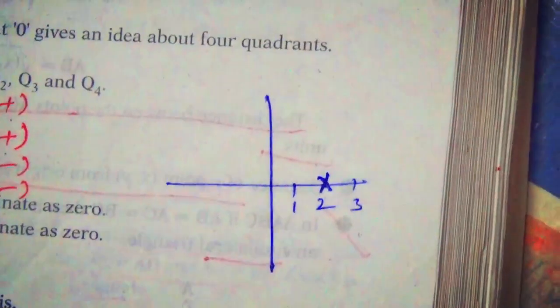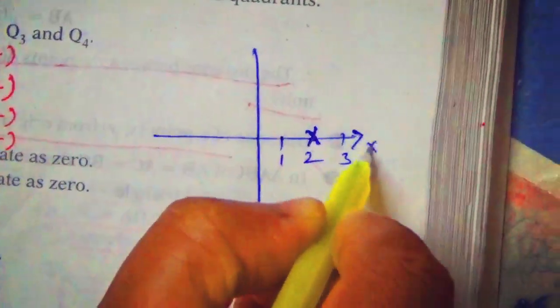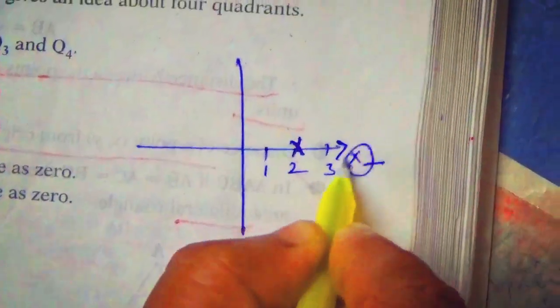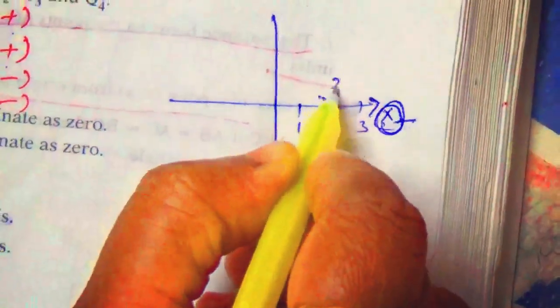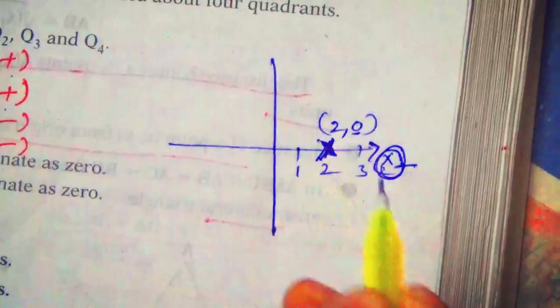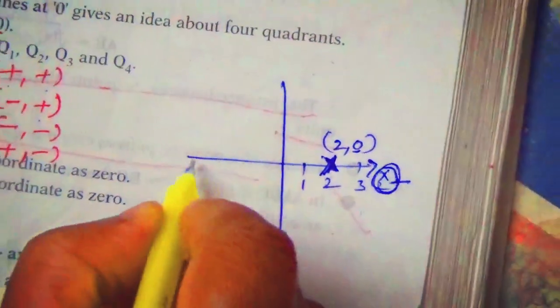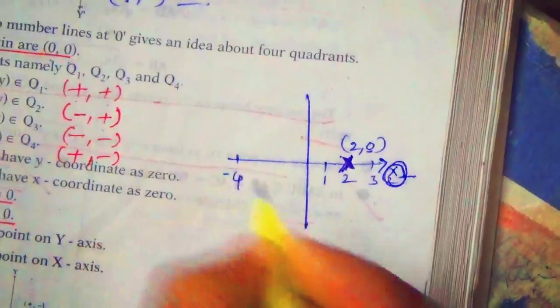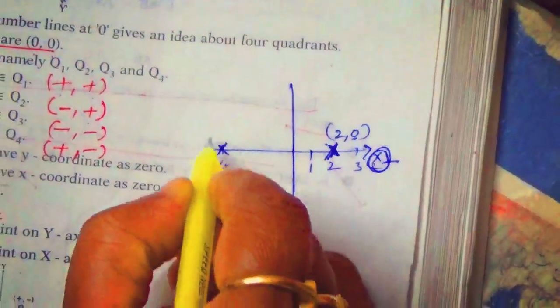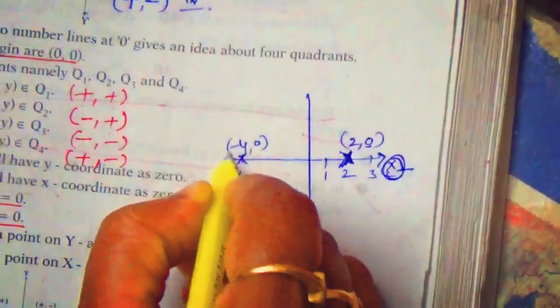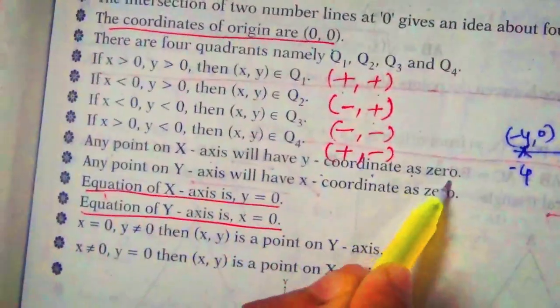A point such as (2, 0): what is the y coordinate? 0. If you take -4 on the x-axis, what is this point? (-4, 0). Always, any point on the x-axis will have y coordinate as 0.